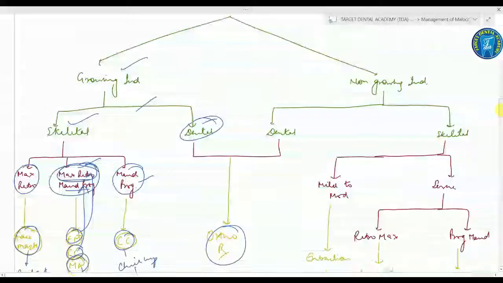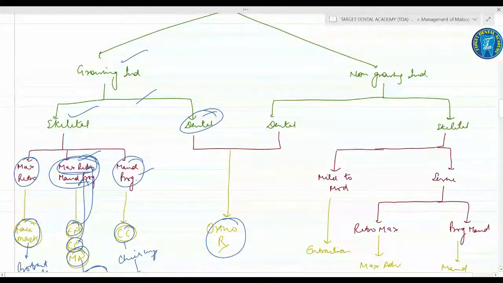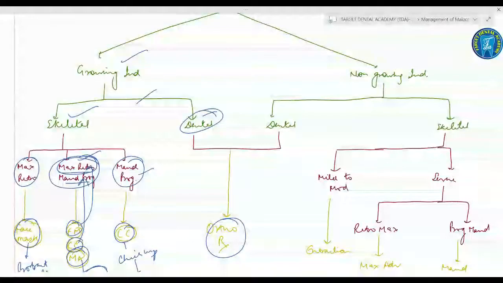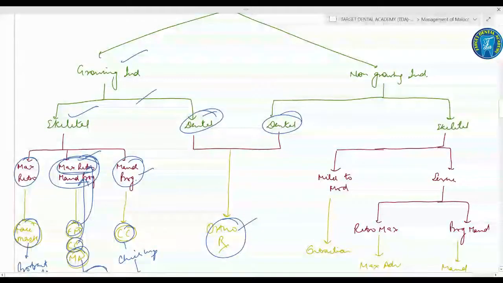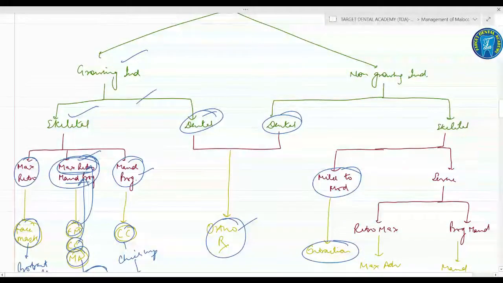Now let's talk about the non-growing individual who comes to you with a chief complaint of class 3 malocclusion due to a prognathic mandible or a retrognathic maxilla. So dentally, you will go for the orthodontic treatment, and skeletally, if the class 3 malocclusion is mild to moderate, you will go for the extraction. Fine.